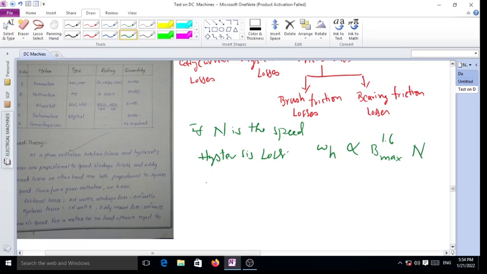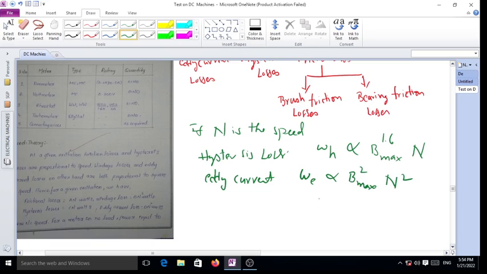And similarly the eddy current loss is also directly proportional to the maximum flux density squared into speed squared.